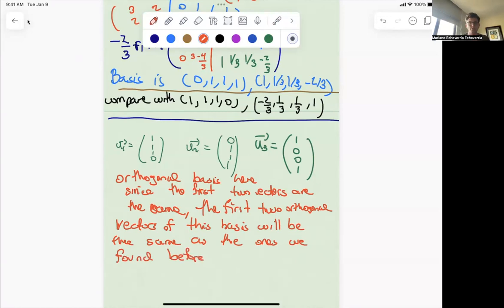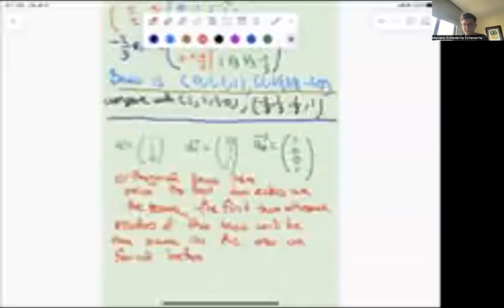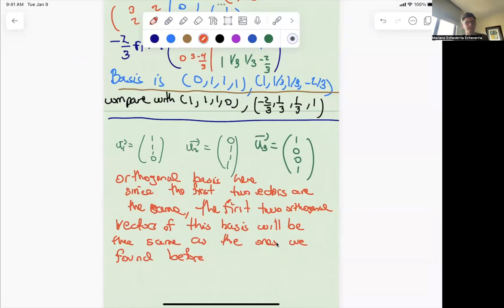It's almost like this was hidden from plain sight. You work with these two at the beginning, and then you notice there was a third vector left. You don't want the method to force you to start from zero again. That would be so silly, you know what I mean?